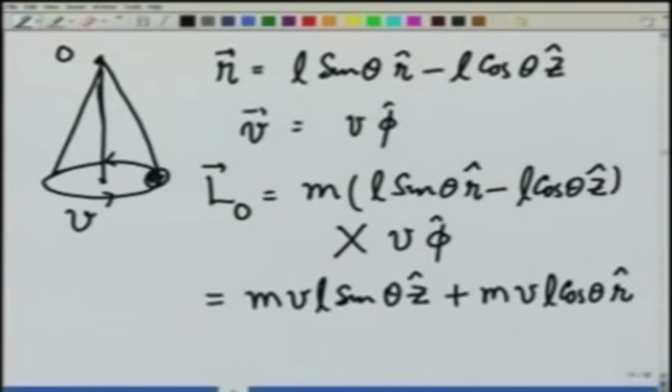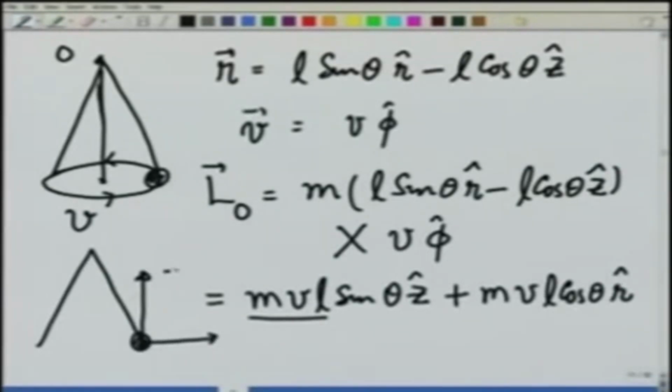Therefore, at any given point, say here, the angular momentum has a component in the z direction, m v L sin theta, and in the r direction, m v L cosine theta.